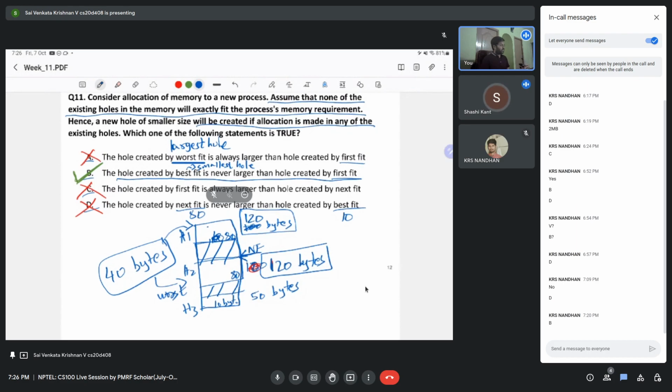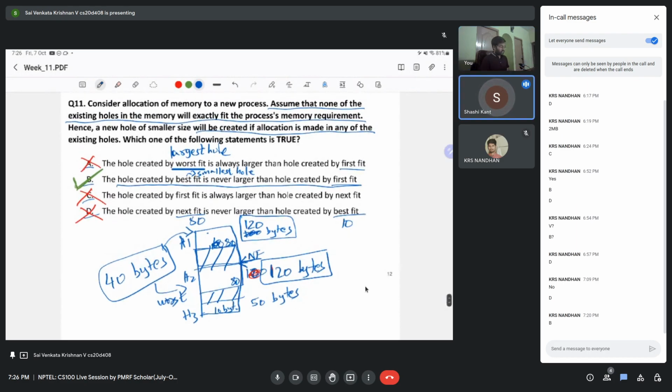So any doubts in this? Can't we have a scenario where first fit also creates a very small hole? No, it doesn't depend on the kind of process. See, what is first fit all about? It starts scanning from the first location, from the zeroth address, and whichever hole it finds that can occupy those 40 bytes, it will allocate that. And say if it finds 39, it cannot allocate.